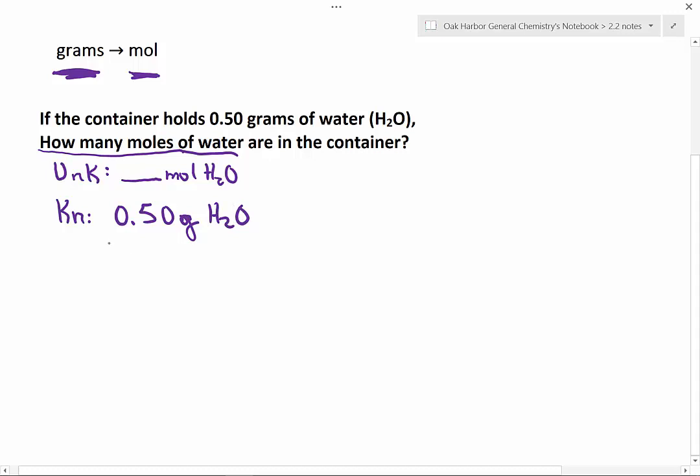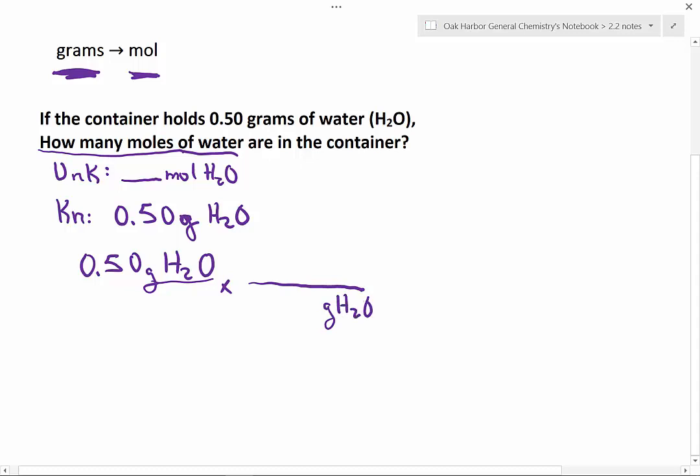We're going to start by doing dimensional analysis with this problem, and we're going to start with the thing we know, 0.50 grams of water. And we're going to use the unit multiplier that will help us change grams of water into moles of water, which means we're going to put this unit on the bottom right here, grams of H2O.